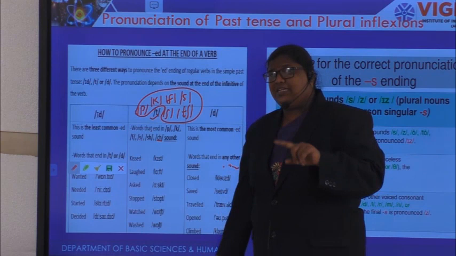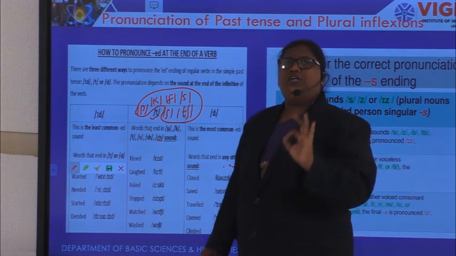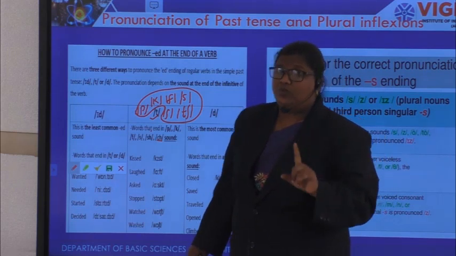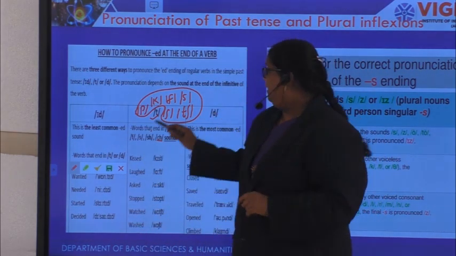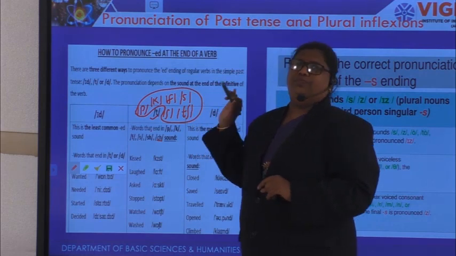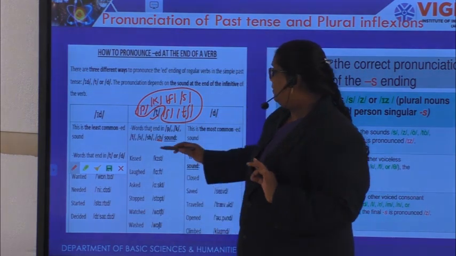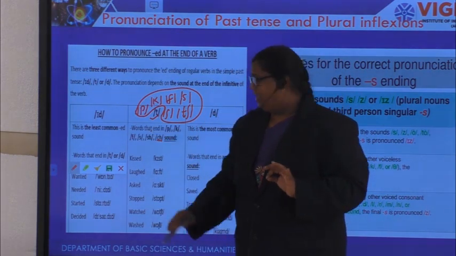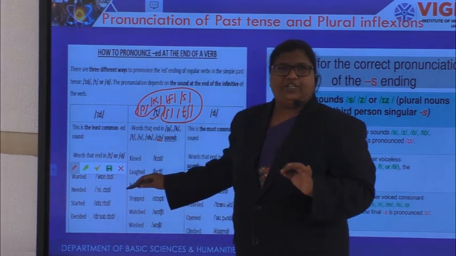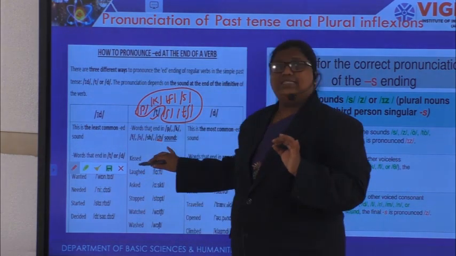When do we pronounce ed as the t sound? When the verb, especially a regular verb, ends with p, k, f, s, sh, ch. Any of these 6 sounds. Then you have to pronounce it as t. See the examples. Laughed, kissed.